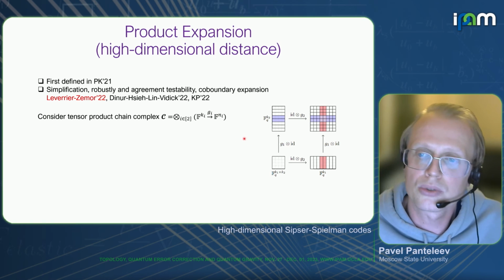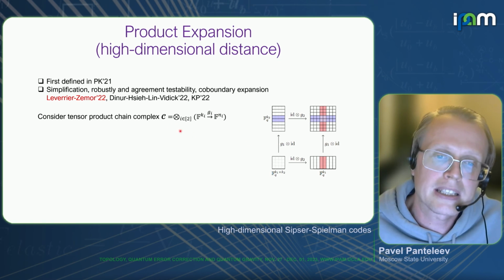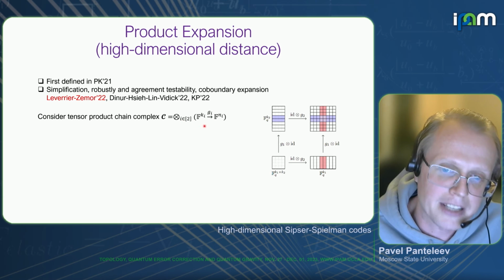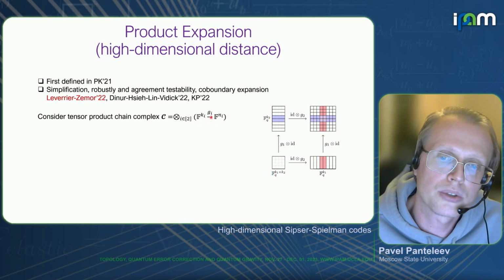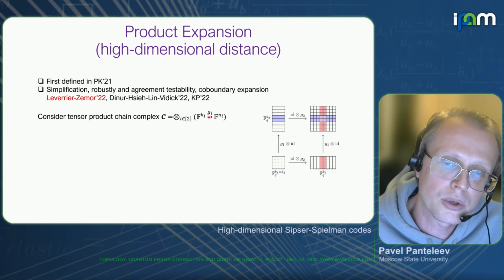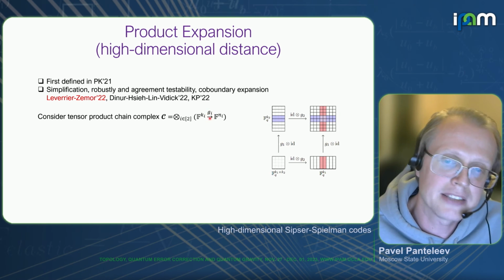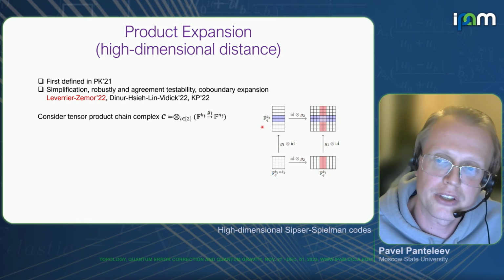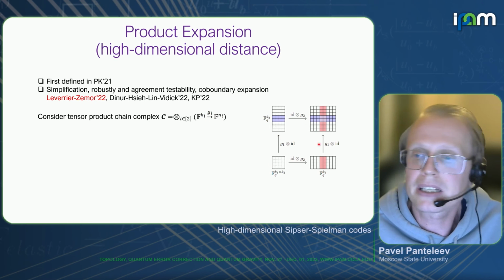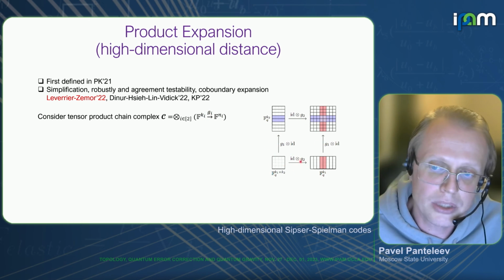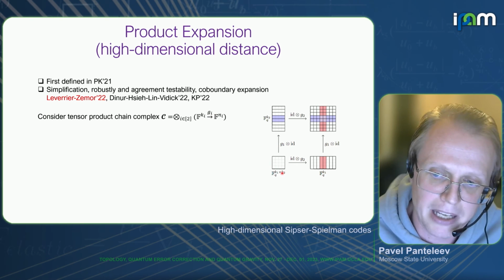So if we have two codes, we can consider a chain complex. If we have a code A, the first code, defined by generator matrix G1, and the second code defined by generator matrix G2, then we can consider this chain complex. And you can easily check that this is a chain complex.